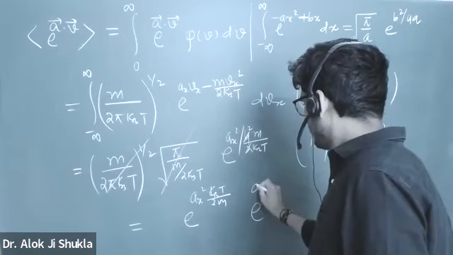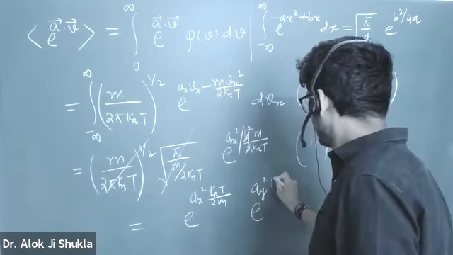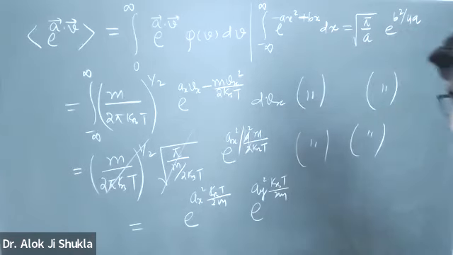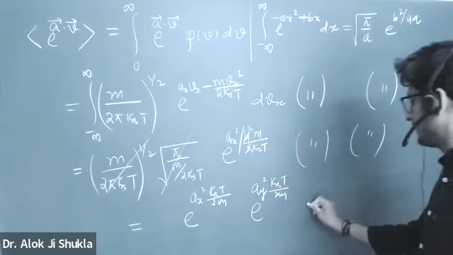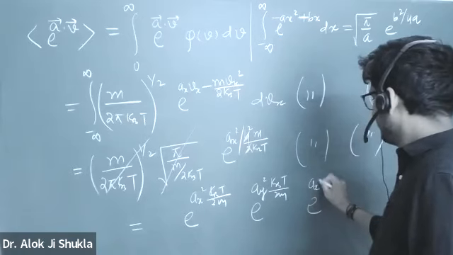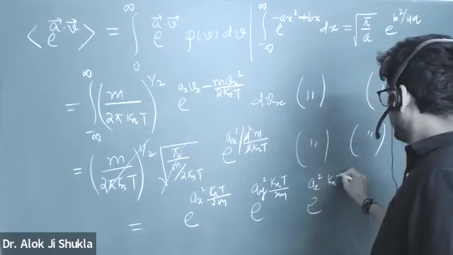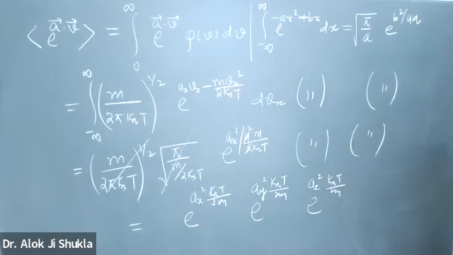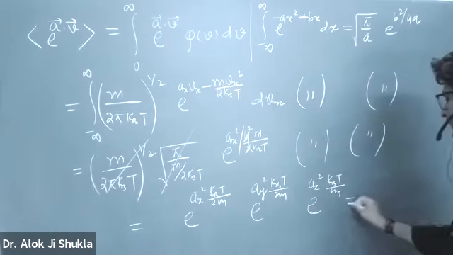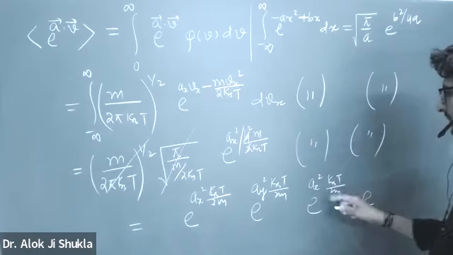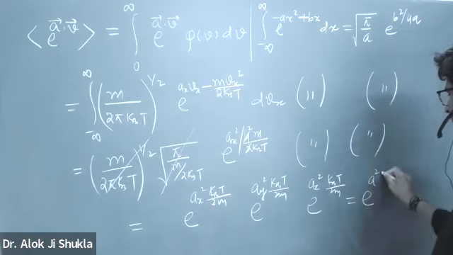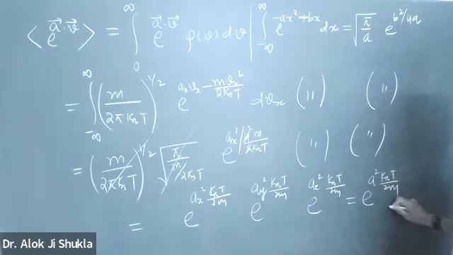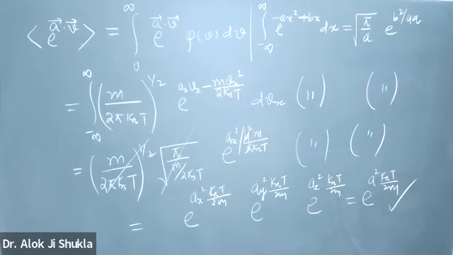Yes, sir. ay square kBT by 2m. And what will I get here? az square kBT by 2m. So e to the power a square kBT by 2m. This is the average value.